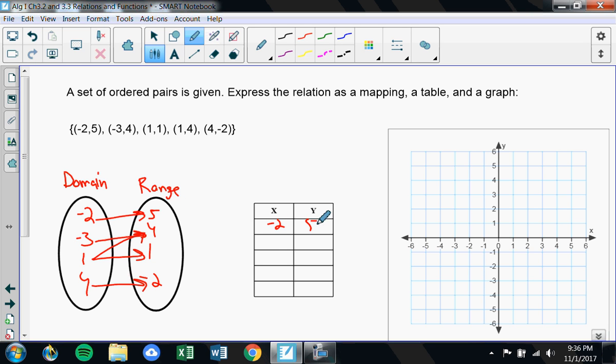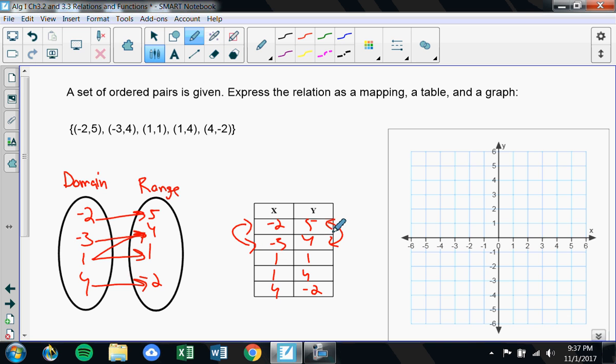I can also do a table. -2 goes to 5, -3 goes to 4, 1 goes to 1, 1 goes to 4, and 4 goes to -2. Now ideally, we would list these in increasing order from least to greatest. So these would flip spots. If you ever can organize things in that fashion, please do so. The coordinate plane over here already organizes it for you.